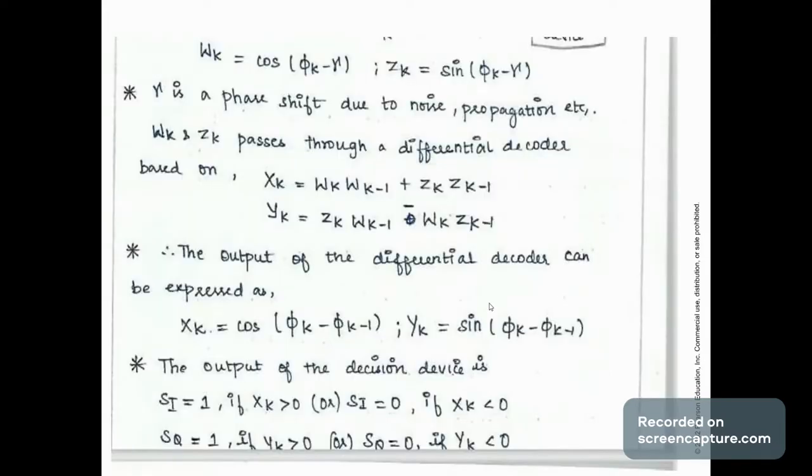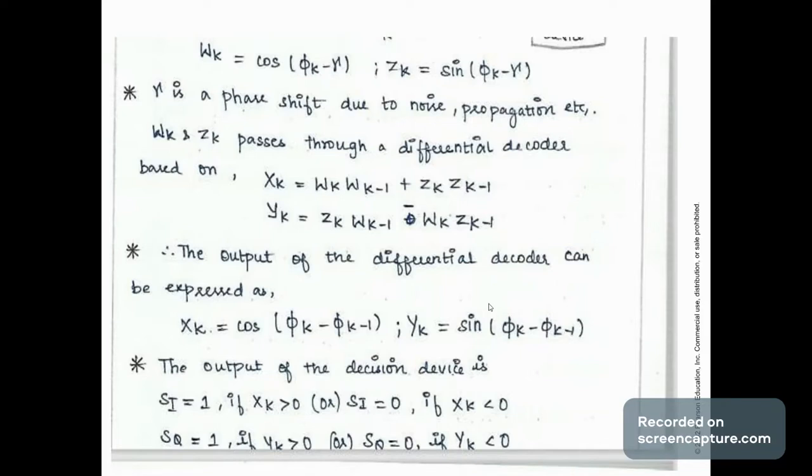I'll show you. So this is the formula, and del is the phase shift due to noise, propagation, etc. Omega k and z of k pass through a differential decoder based on x of k is equal to omega k minus 1, z of k minus 1, and y of k becomes z of k into omega k minus 1 minus omega k into z of k minus 1.